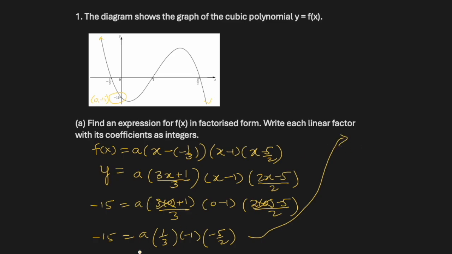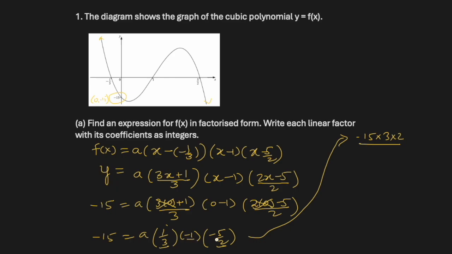So let's cross multiply everything and we'll get the value of a. Let me do it here. This 3 and this 2 will multiply with minus 15. That's what happens in cross multiplication, right? The denominator is on one side, we multiply with the numerator on the other side without changing the sign. Then we have 1 here, minus 1 here, and minus 5 here.